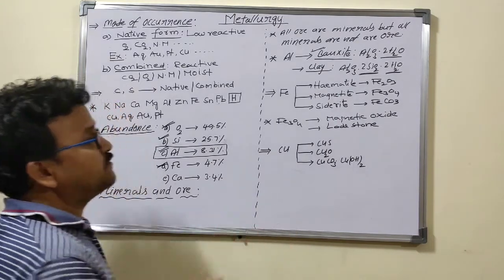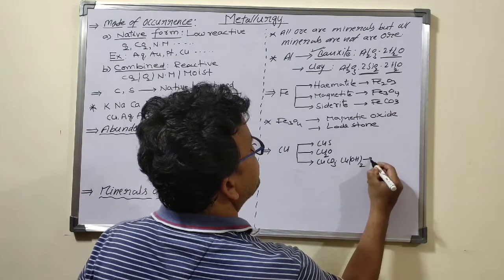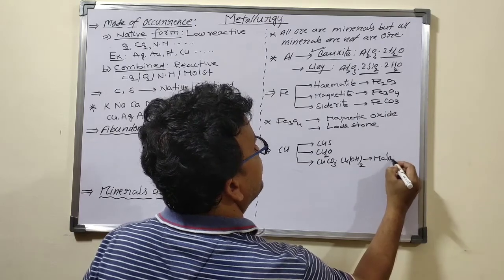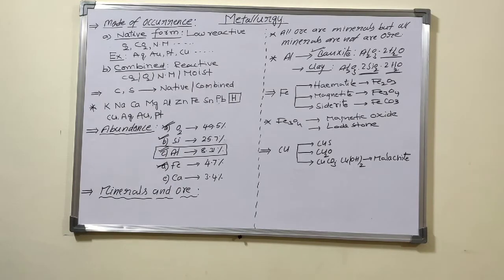Now let us go for the sulfide, oxide and carbonate forms and their names. First we will go for the carbonate form. This we are calling malachite. CuCO3, CuOH twice, malachite. And Cu2O we have.